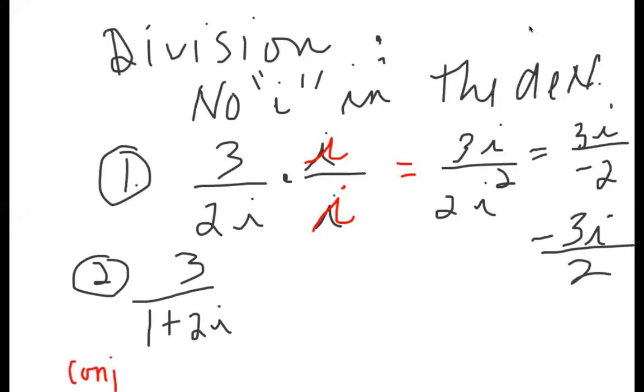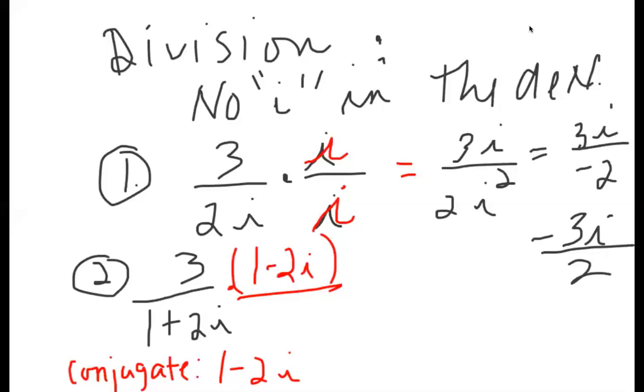And so this denominator here is 1 plus 2i. So its conjugate would be 1 minus 2i. And then you want to multiply both the numerator and the denominator by the conjugate. Okay? So in the numerator, it's easy. We're just going to multiply 3 times 1, 3 times 2i. So we get 3 minus 6i.